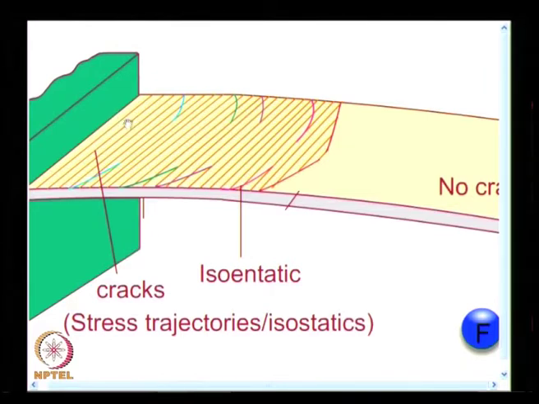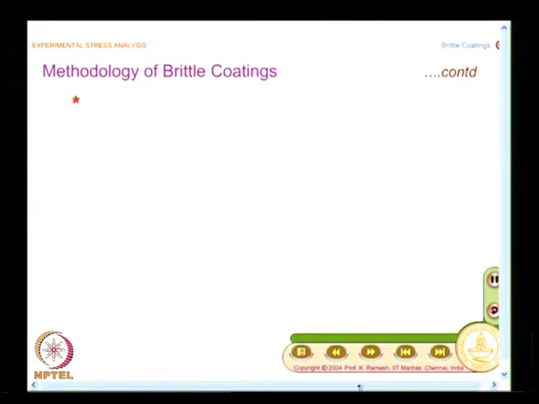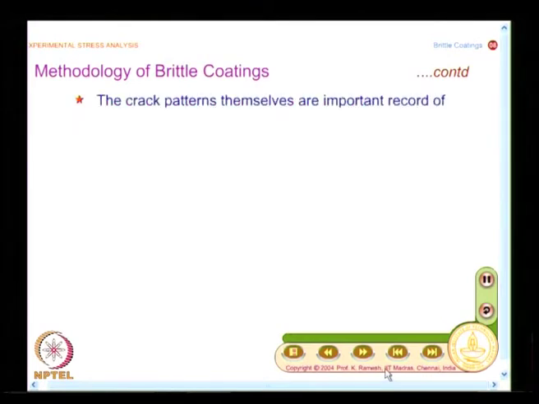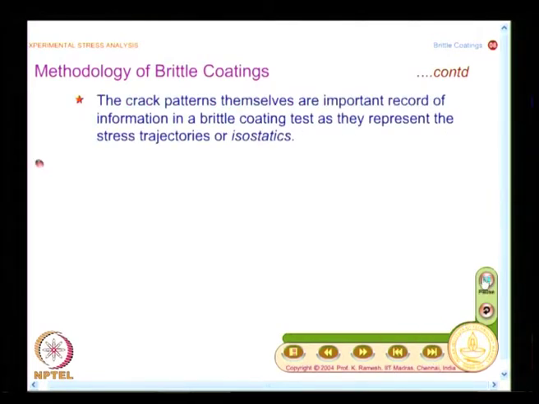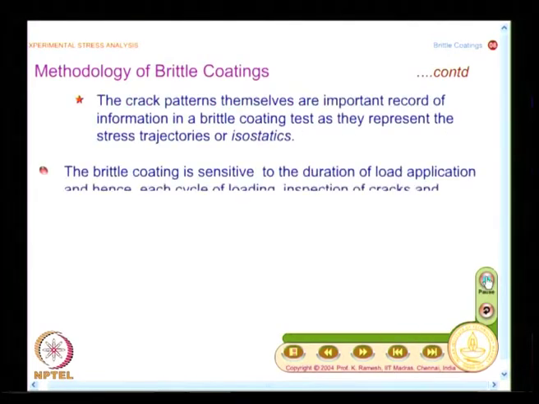I had to be careful in deciding my load increments. So, in this experiment you see isostatics as well as isoentatics. And this is what I have been emphasizing again and again.